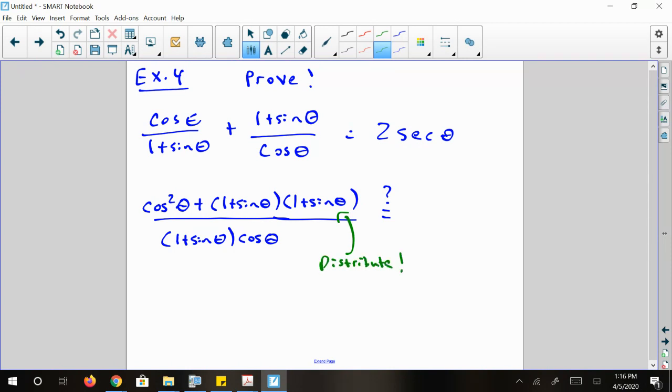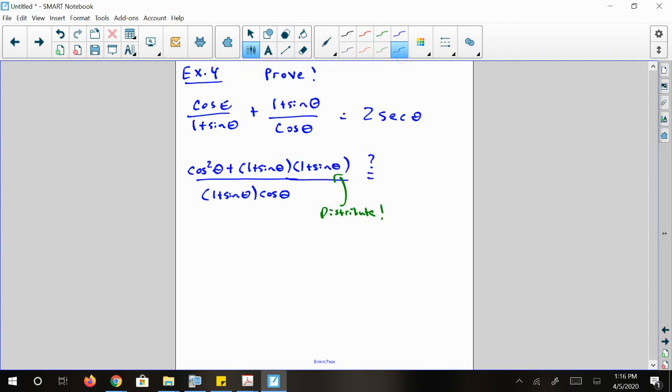All right, so let's go ahead and be very, very careful on this step. Write everything else as it is. Okay, and let's do some distributing here. So 1 times 1 is 1. Okay, this is going to be 1 times sine of theta, which is sine of theta, and then another sine of theta times 1, which is another sine of theta.